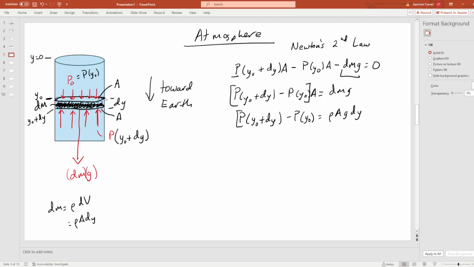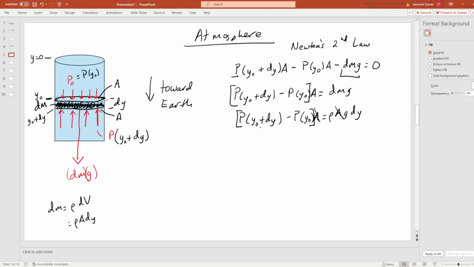So this is all multiplied by A. And the only reason we really needed to show that is because our A's cancel. All right. So now we've got P of y naught plus dy minus P of y naught is equal to rho g dy.